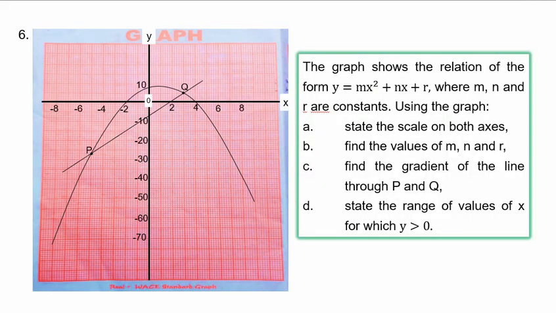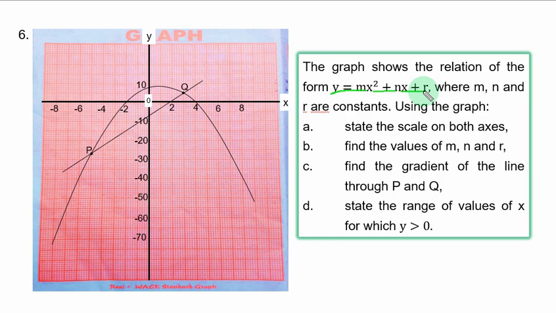Question 6. The graph shows the relation of the form y equals ms squared plus ns plus arrow, where m, n, and arrow are constants.